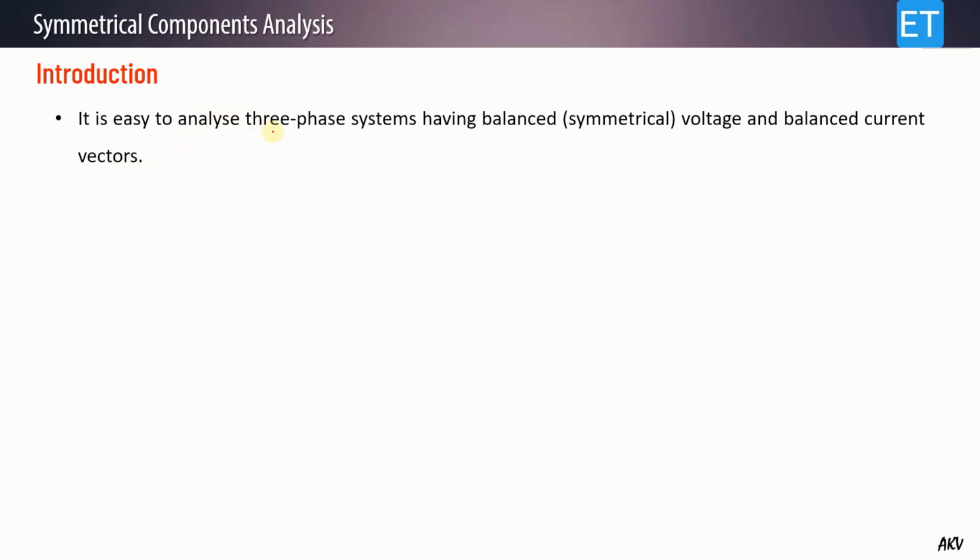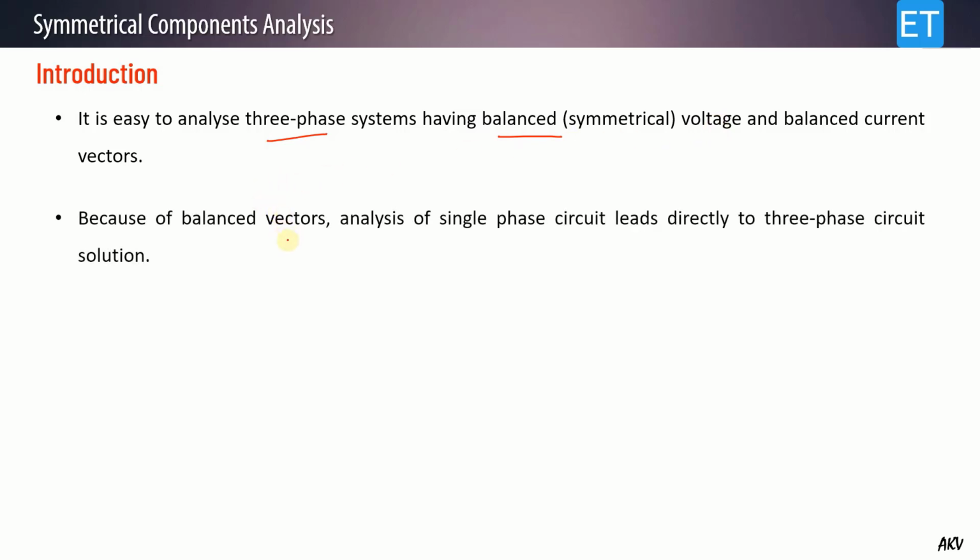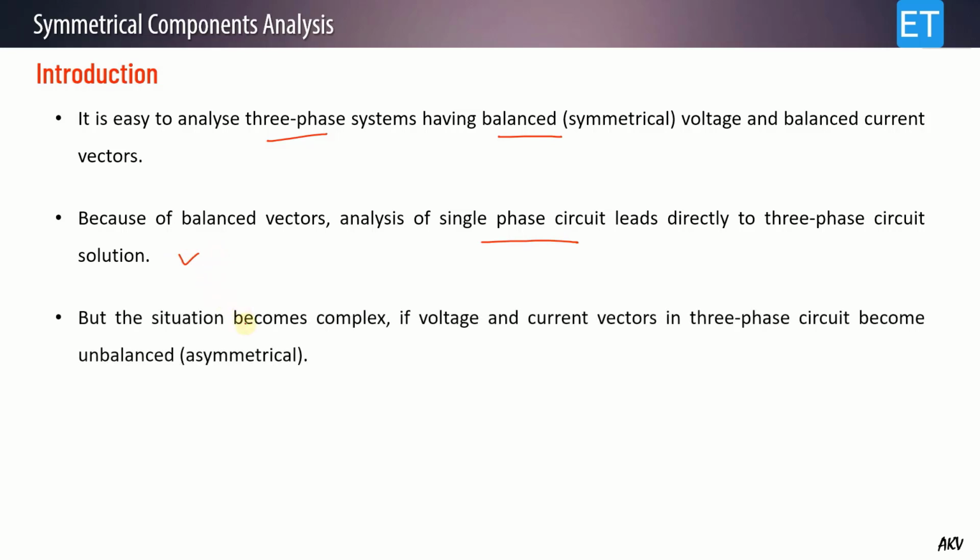It is easy to analyze three-phase systems having balanced voltages and balanced currents, because the balanced vector analysis of the single-phase circuit actually leads to the three-phase solution. But the situation becomes more complex if the voltage and current vectors in the three-phase circuit become asymmetrical or unbalanced.